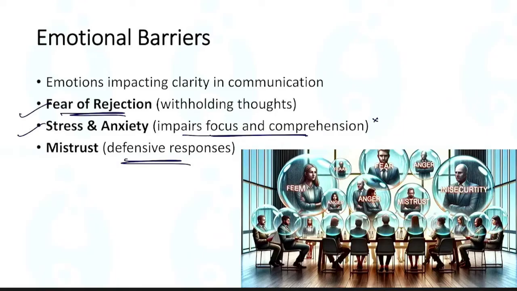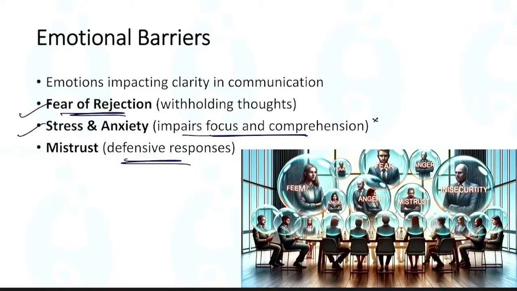Similarly, the delinquent student doesn't like the strict teacher, so they will emotionally form a wall between them and the teacher, thereby not receiving any information from the teacher. That is called a defensive response or defensive atmosphere, caused by a lack of trust. So the messages will either not be received at all.